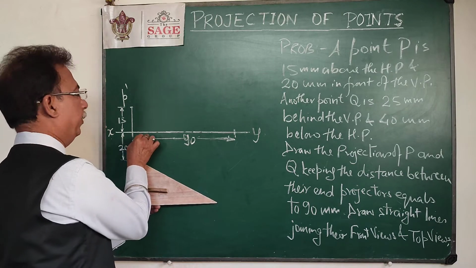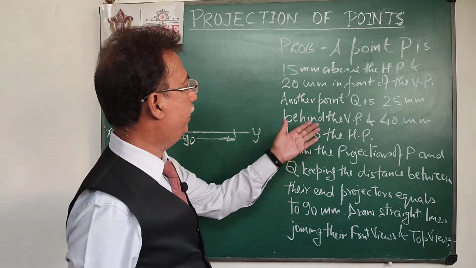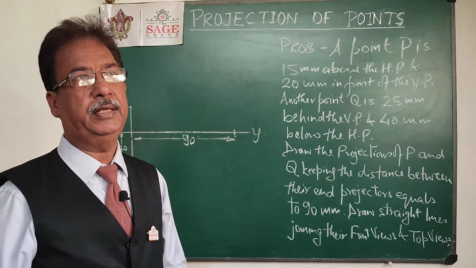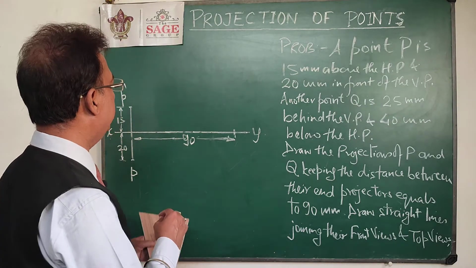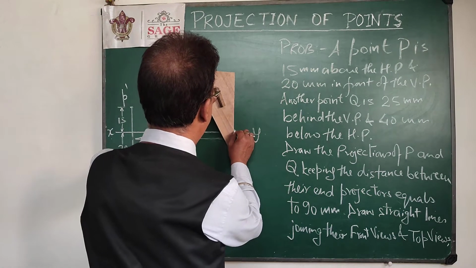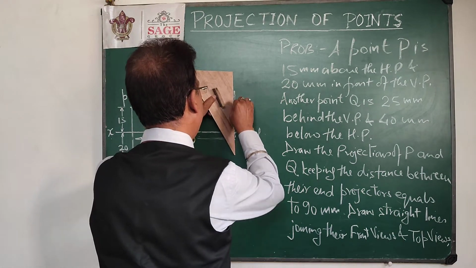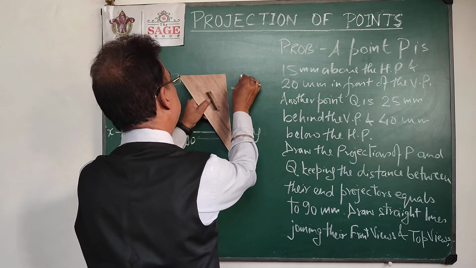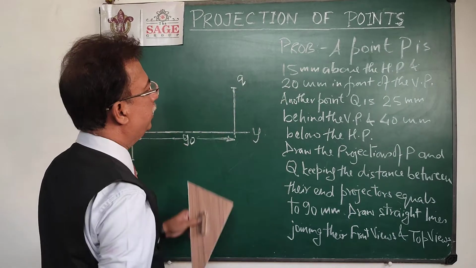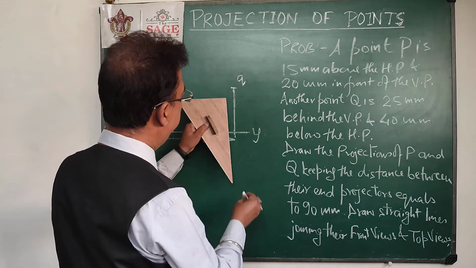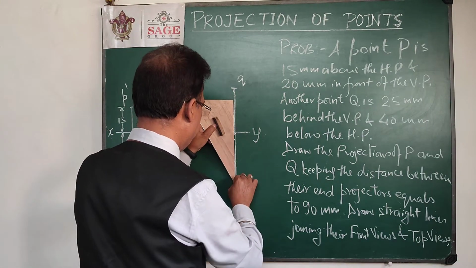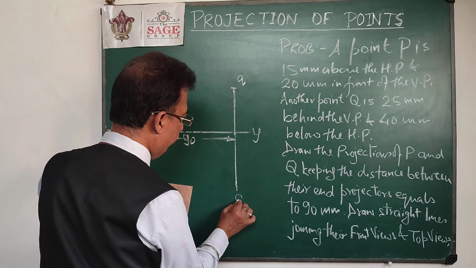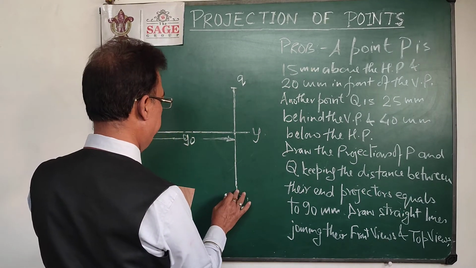The second point Q is 25 mm behind the VP. Behind the VP means above the reference line will be the top view, so that will be small q. And 40 mm below HP is the point Q dash.